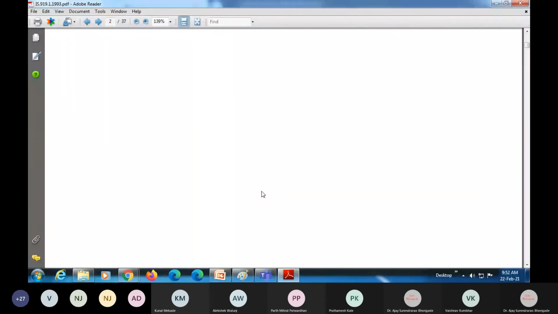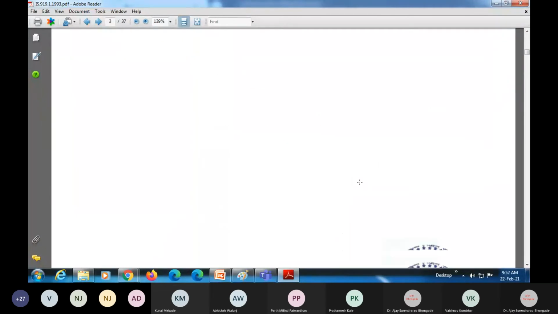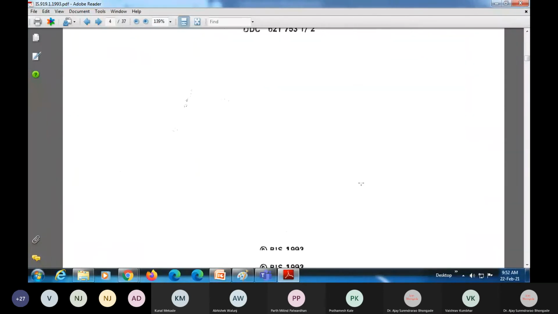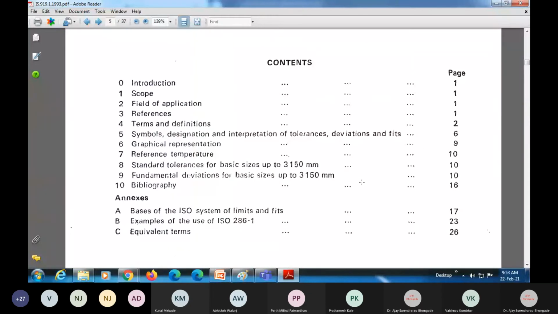Okay. So I am just scrolling to the content part. There are some 37 pages there. So it indicates all the basic terminology which has been used for the tolerance, and how to use that. Now again, standard tolerance for the basic sizes up to 3150.